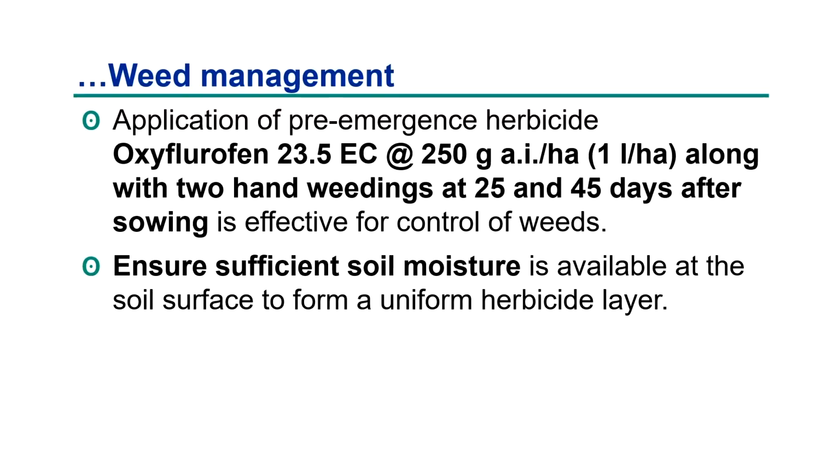So a number of herbicides are available, particularly pre-emergence or pre-plant incorporated herbicides. And these herbicides can be combined with cultural operations. And a pre-emergence herbicide like oxyfluorfen can also be used. And we should ensure sufficient soil moisture while we are using soil applied herbicides.